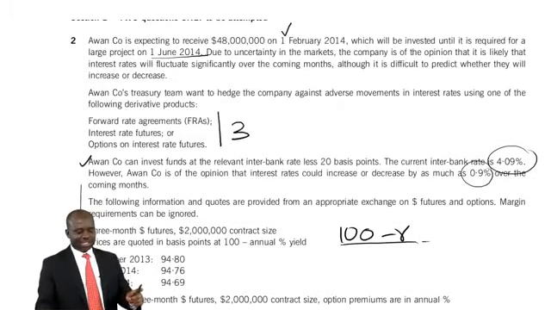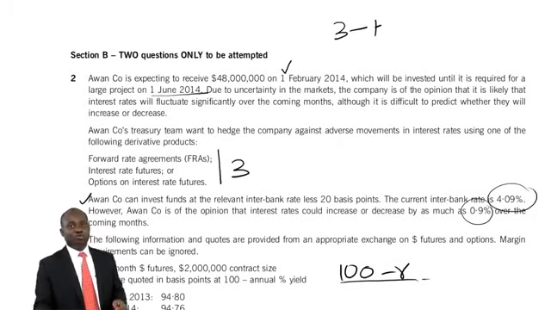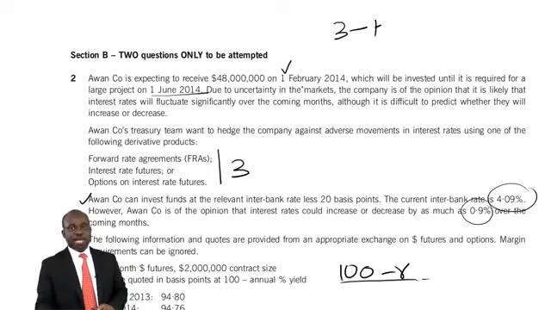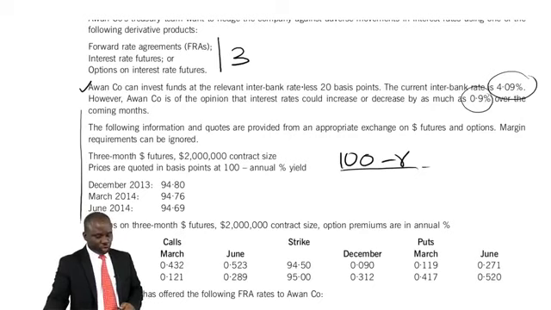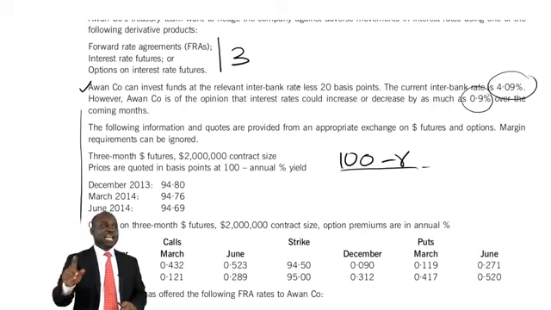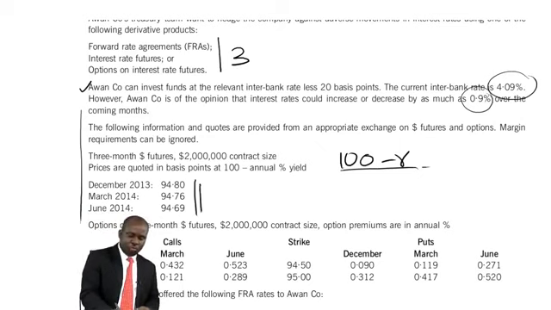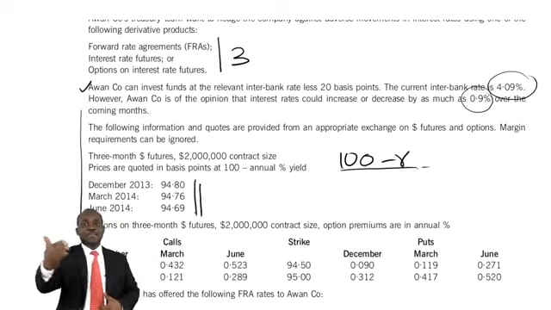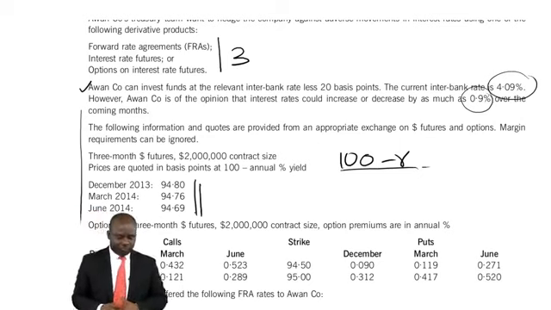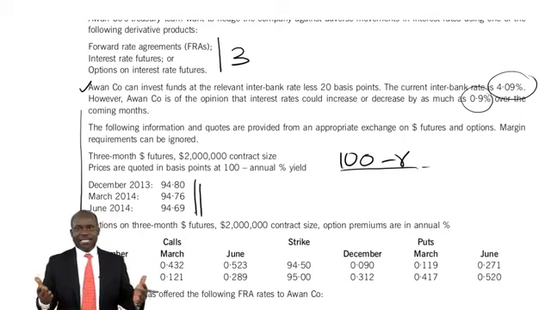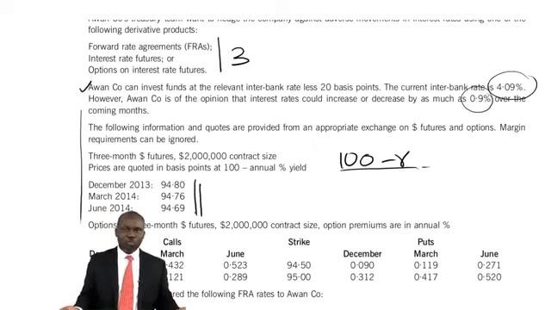My transaction date here is the day I would have to invest or borrow. I want to invest the 48 million on 1st of February. So if my transaction date is 1st of February, which of these contracts will be maturing immediately after the 1st of February? I see the March contract. Therefore, I have to enter into the March contract.